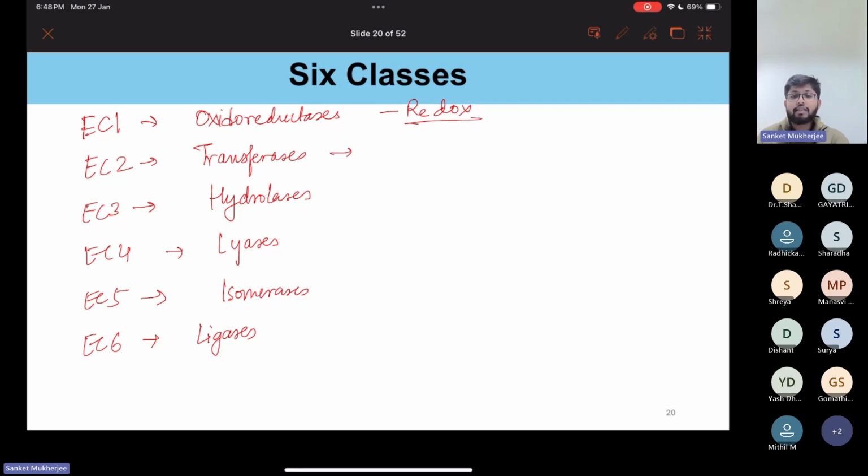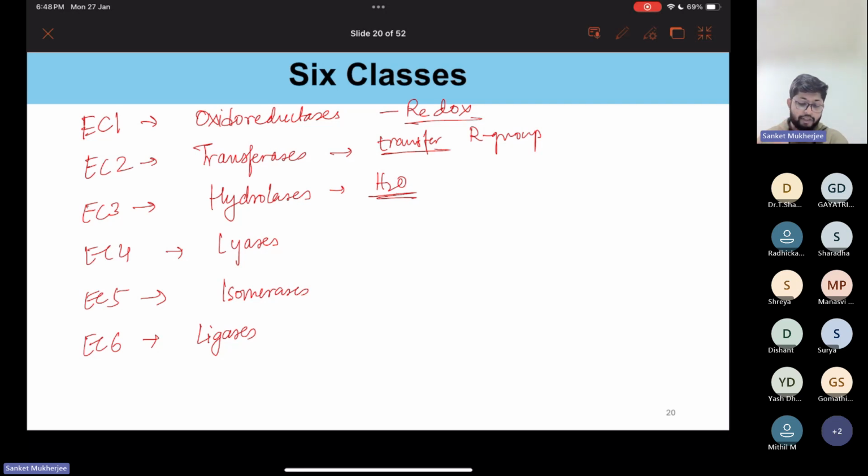Transferases transfer particular groups. Multiple groups could be there. So they basically transfer groups from one substrate to another. That's what they do. Hydrolases require water for degradation, like I talked about lipases.